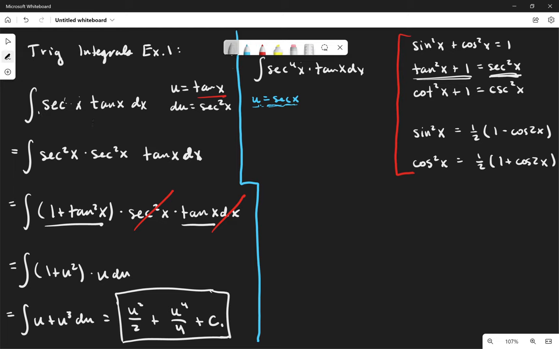So let me just erase that. Then du is secant x tangent x dx. Now I rewrite my integral. I'm not doing the u sub yet. I'm just rewriting it to make it easier to follow. Secant cubed times secant x times tangent x. Now I can do my u sub. Here's my du. And here is u cubed.